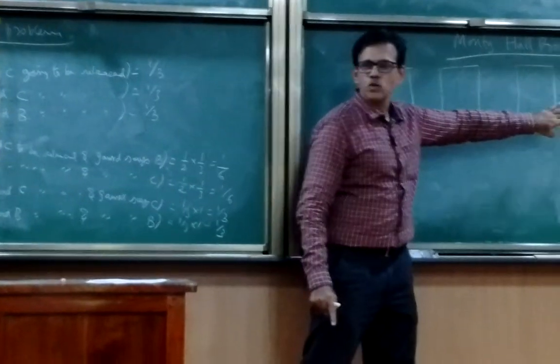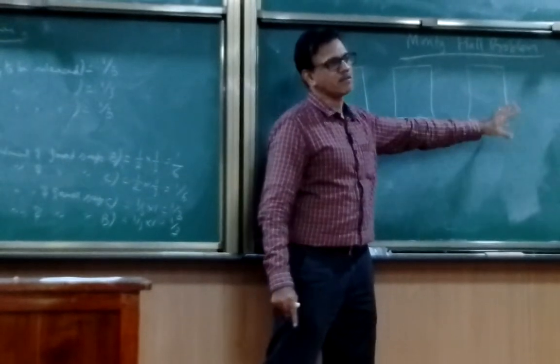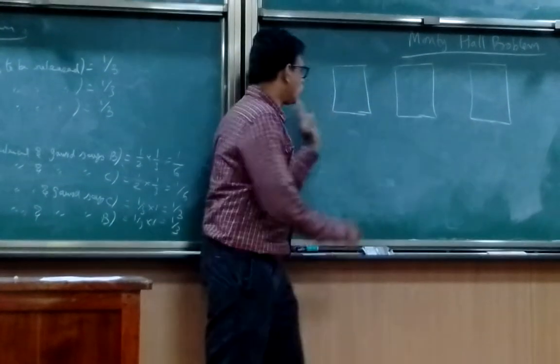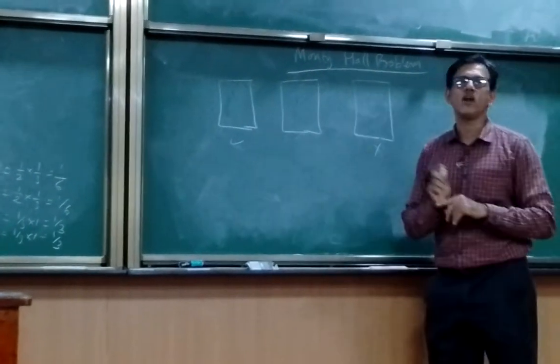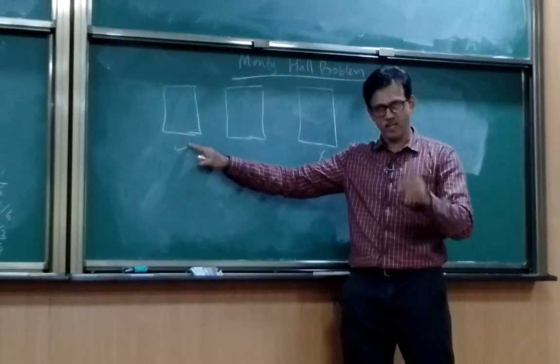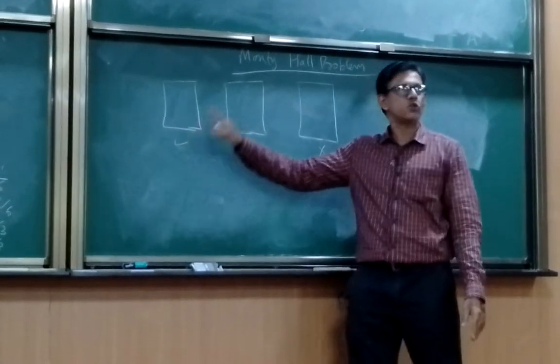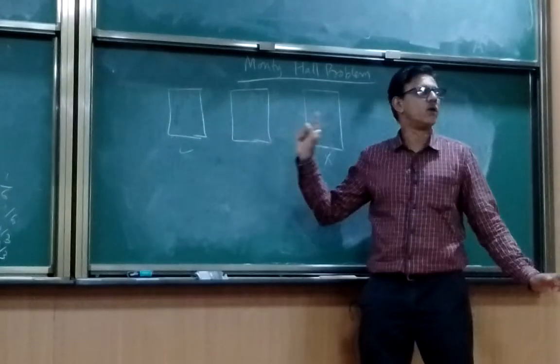Suppose this is the door that is opened, which does not have a prize. He tells you, look, this door does not have a prize. Now I will give you an option: you can either stick with your original choice, or switch to another door. What do you want to do?